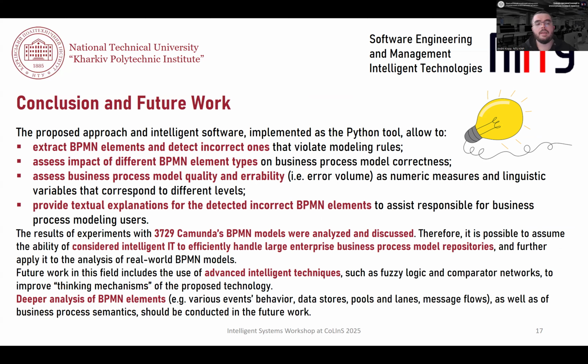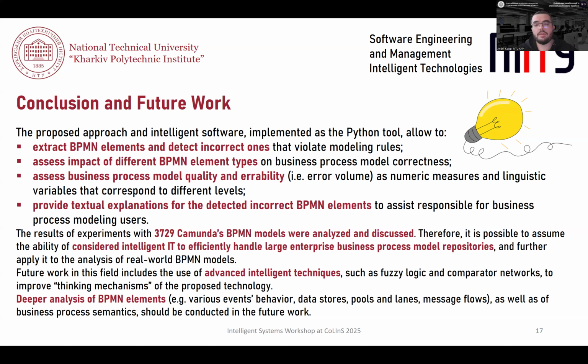In future work, we plan to use advanced intelligent techniques like fuzzy logic and comparator networks to improve the thinking capabilities of the proposed intelligent technology.